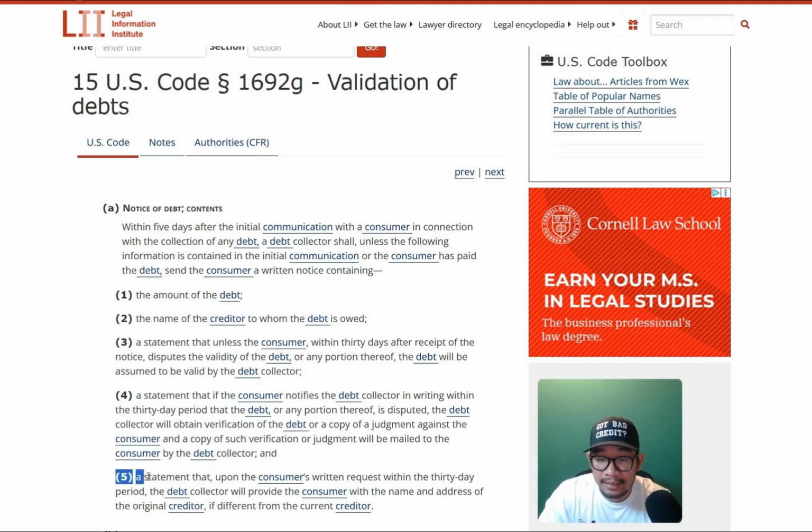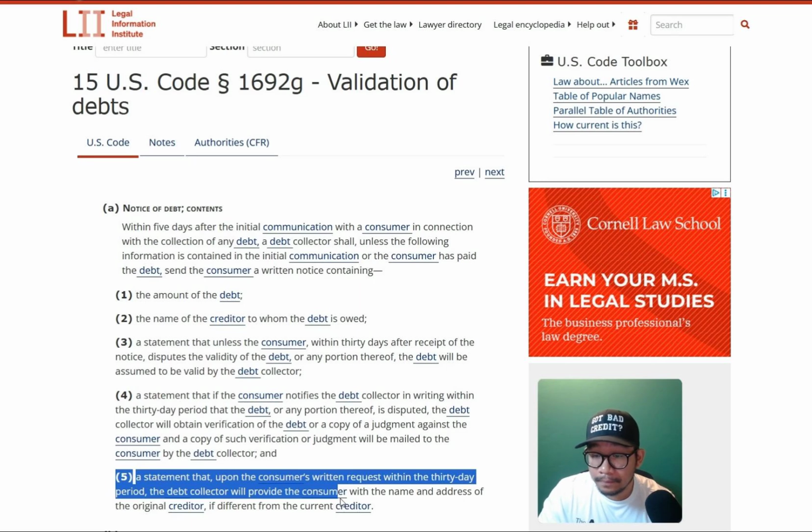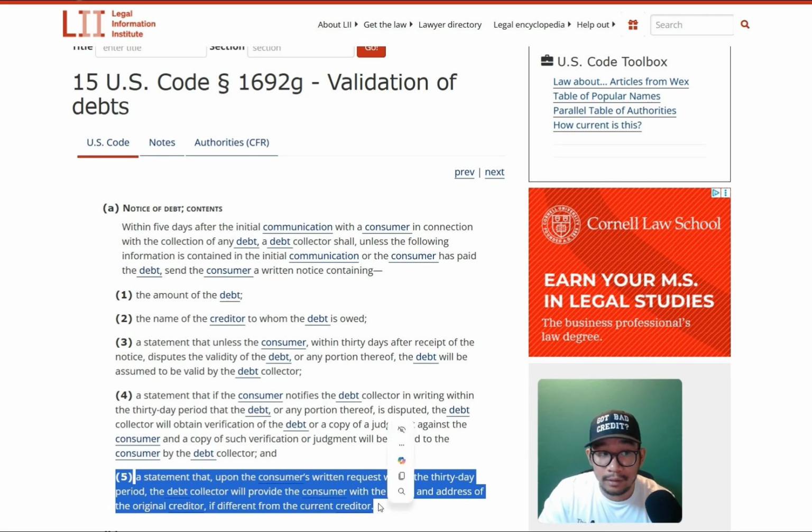And a statement that upon the consumer's written request within the 30-day period, the debt collector will provide the consumer with the name and address of the original creditor if different from the current creditor.